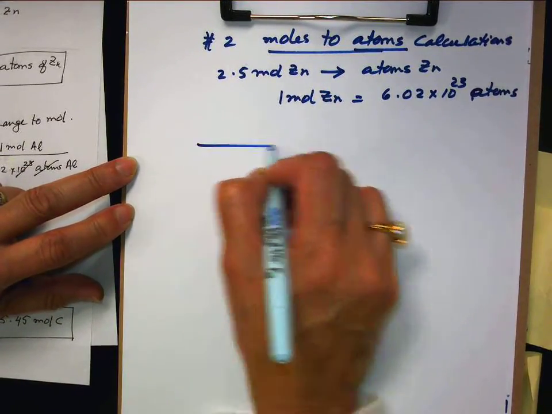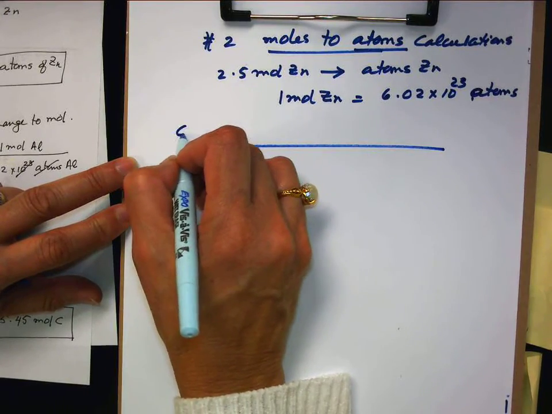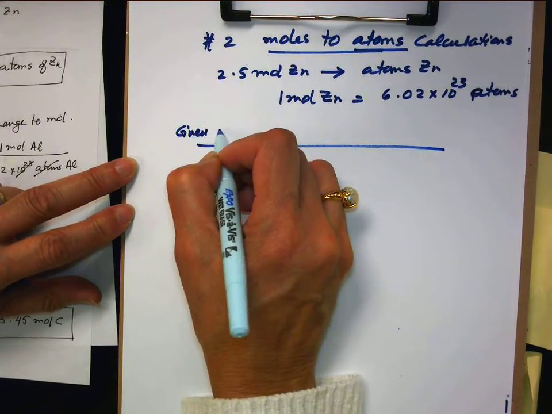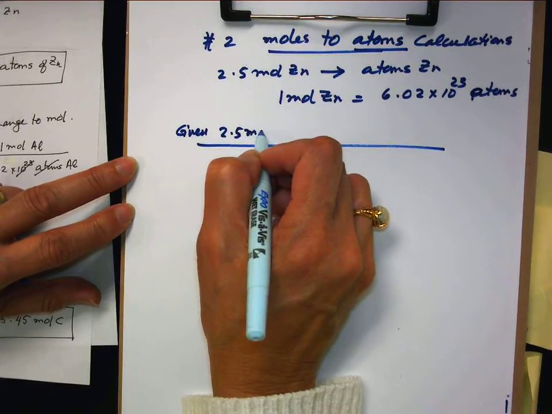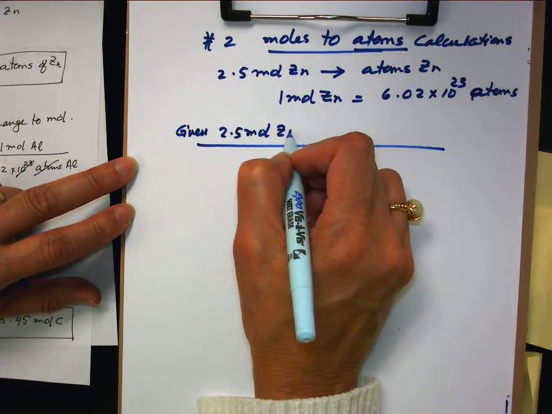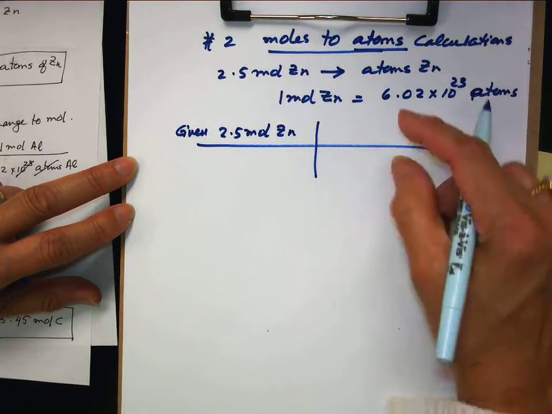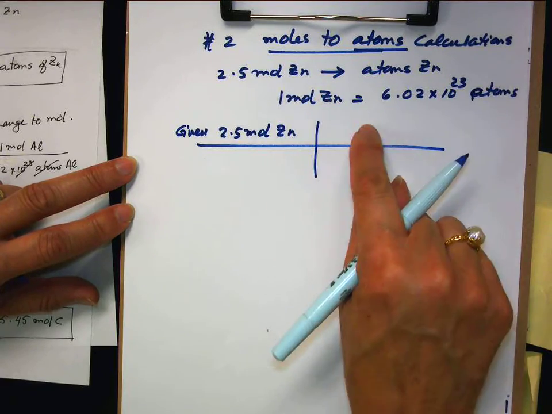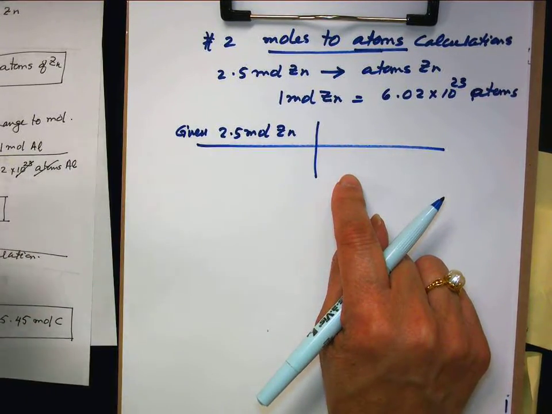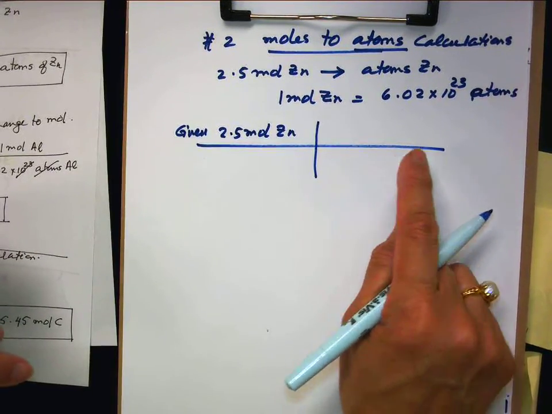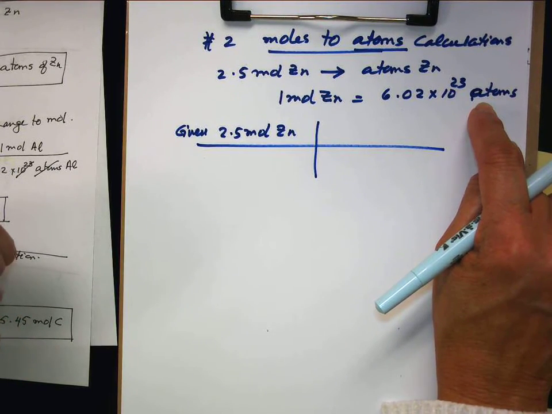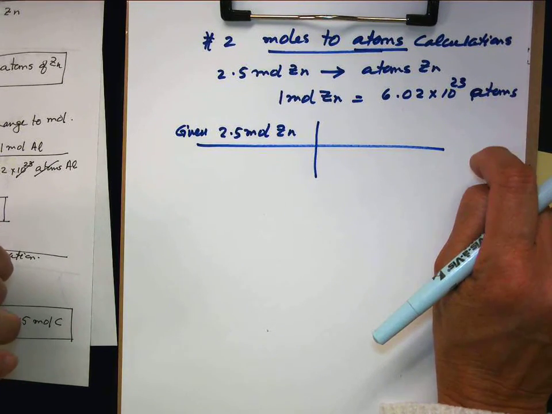So let's set it up. What is given in here? 2.5 moles of zinc. So where will you put this conversion now? Where will you put 1 mole? Where will you put the 6.02 times 10 to the 23?